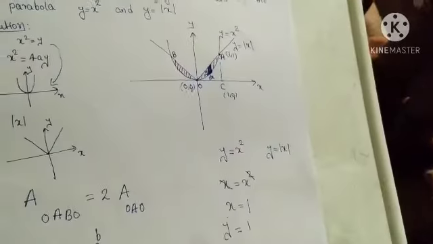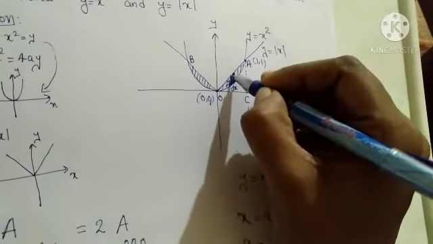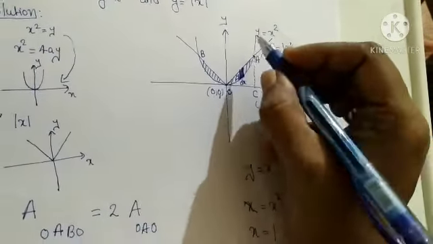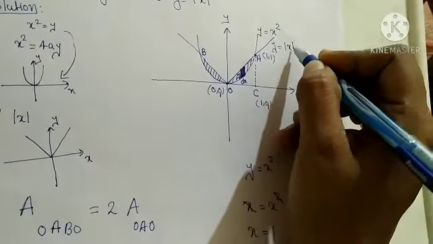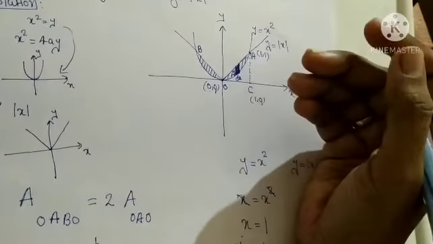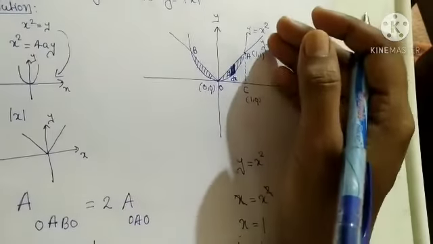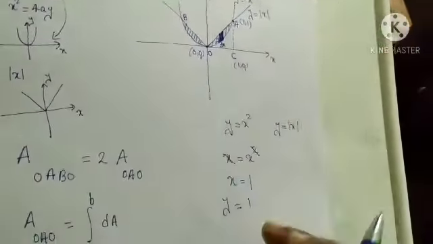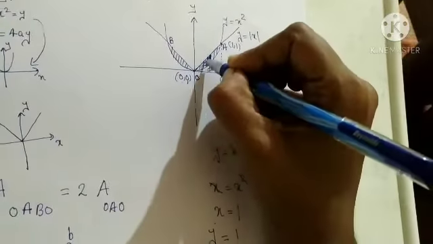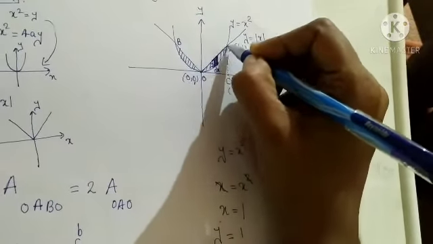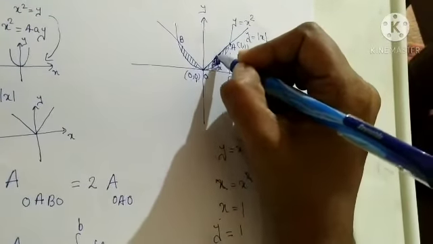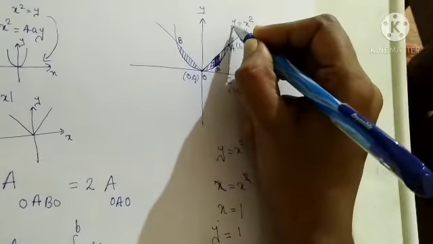Next we need to find out the function. Here note that the vertical strip is from y equal to mod x function to y equal to x square function. So we subtract the lowermost function from the uppermost function to get our overall function. Here the uppermost function is y equal to mod x, and the lower function is y equal to x square.